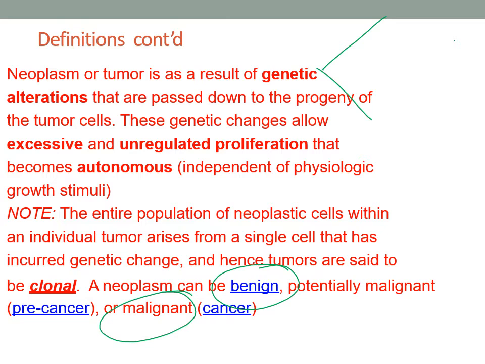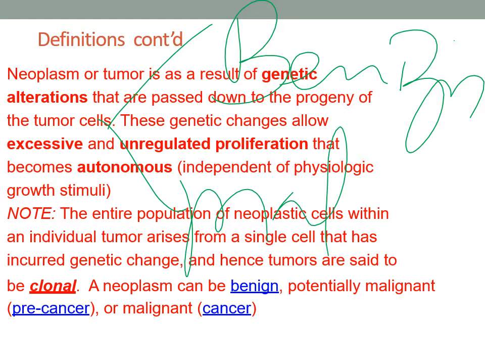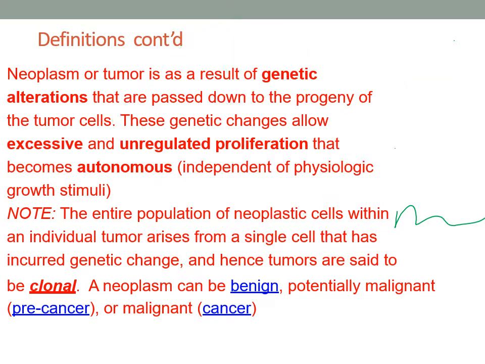They grow at a very excessive rate, and they can spread to other distant organs. That is malignant. So to summarize, neoplasia are divided into benign, that is humble tumor, and malignant, which is aggressive neoplasia.